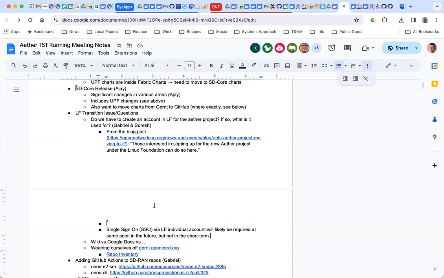In other LF projects I've been involved in in the past, they delegate things like wiki access, Jira access, Gerrit access. They delegate the authentication to the LF account for things that are hosted.